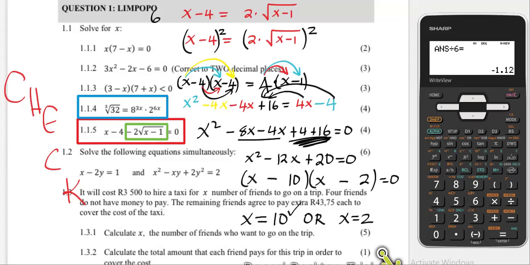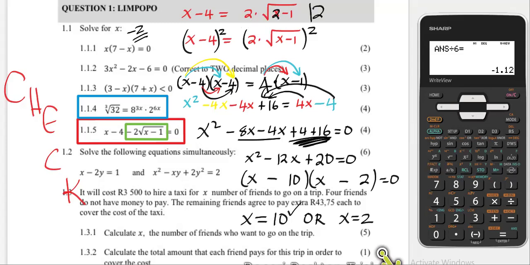But let's try the 2. When I try the 2, let's see what's going to happen. If I put 2 here, I've got 2 minus 4, which is minus 2. I don't think it's going to work, because if I put 2 here, I've got 2 minus 1, which is 1. The square root of 1 is 1, and 2 times 1 is 2.